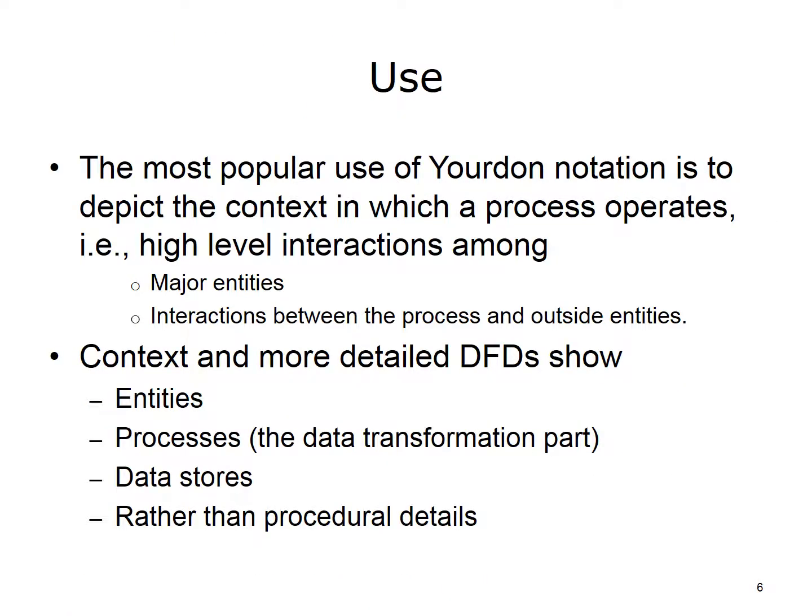We will cover two uses of data flow diagrams in this presentation. 1. A high-level version that is called a context diagram. And 2. More detailed versions called data flow diagrams. Both context diagrams and DFDs use the same notation.